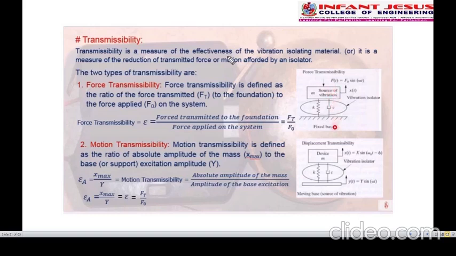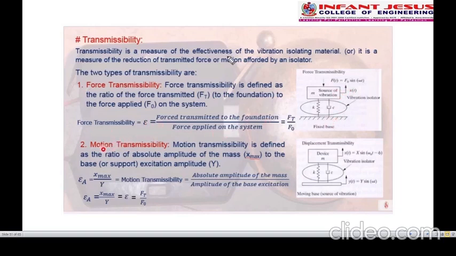So force transmissibility eta equals the force transmitted to the foundation, Ft, divided by the force applied on the system, F0, the initial applied force.